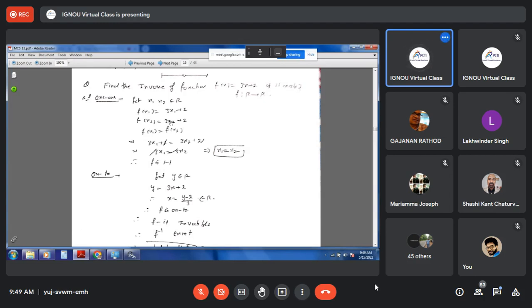F of x2: put x is equal to x2, 3x2 plus 2. Then as I told you in the definition, if f of x1 is equal to f of x2, put the values. 2 cancels with 2, 3 cancels with 3, and x1 is equal to x2. If f of x1 is equal to f of x2, then x1 must be equal to x2. If it is so, then it is 1-1. Simple.